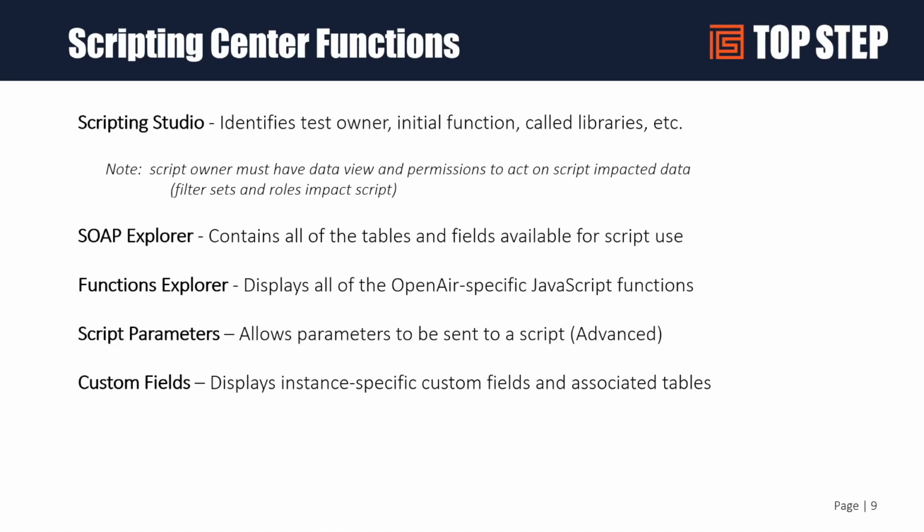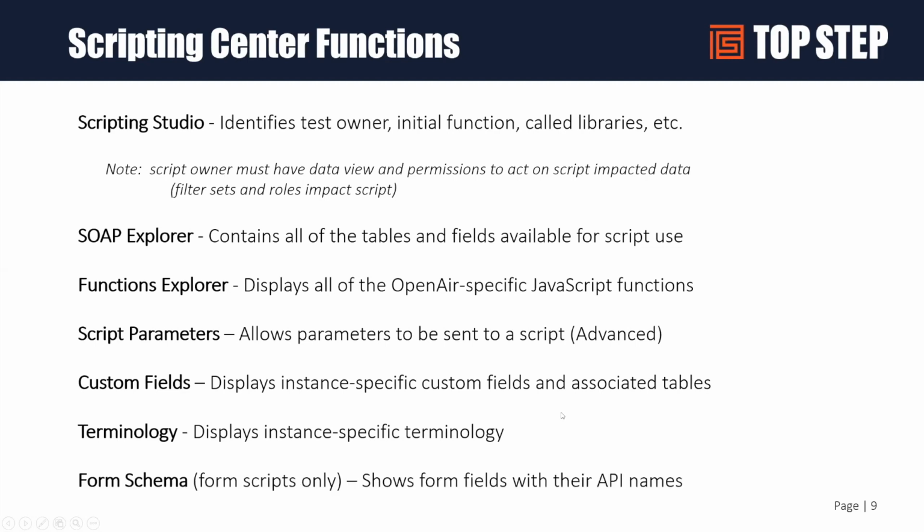OpenAir tries to make it a little easier for you to have everything at your fingertips while you're creating. And finally, there's a terminology. This displays the instance-specific terminology of how you change the instance. So again, you don't need to go outside of the scripting center in order to develop.